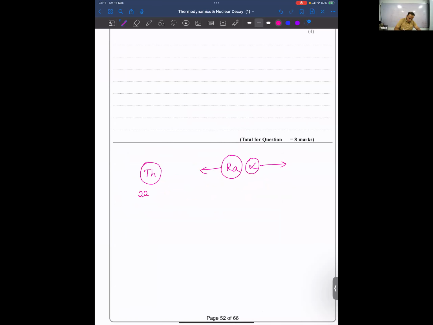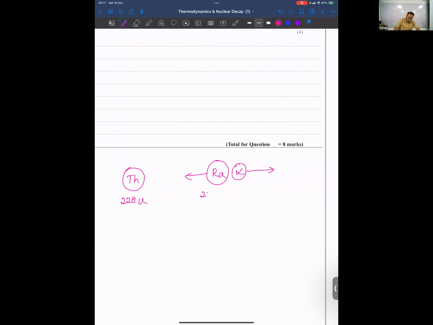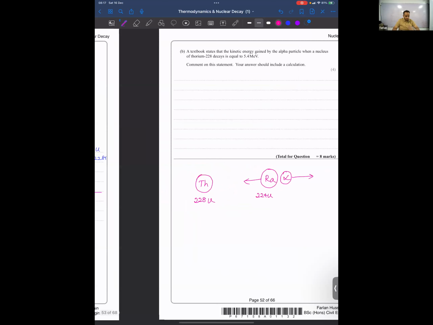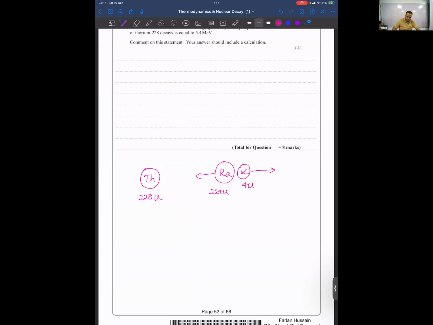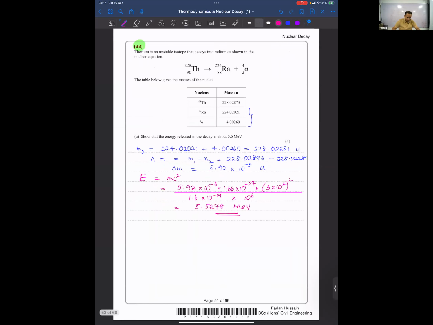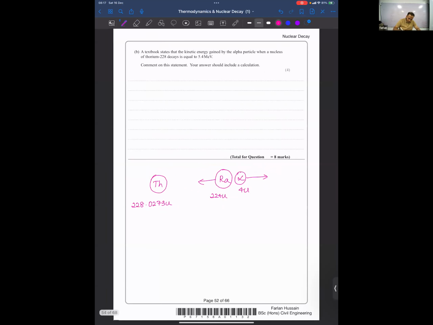The thorium has a mass of 228 u, I will take it as 228 u. Radium has a mass of 224 u. Alpha particle has a mass of 4 u. To be precise, thorium is 228.02873 u.